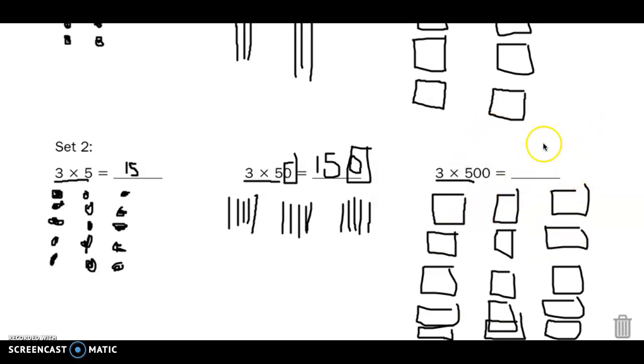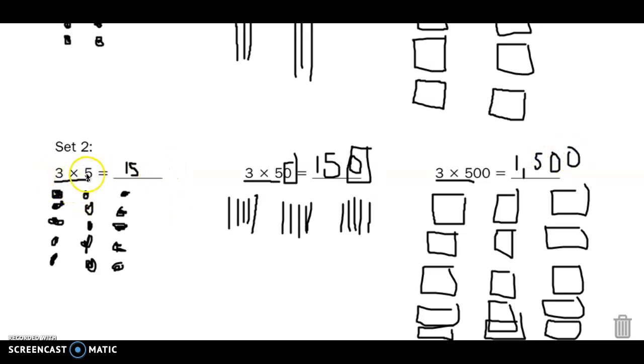Ooh, do you think we can count by 500 together? Let's try. Well, 500 plus 500 is 1,000, and 1,000 plus another 500 is 1,500. Does that follow our same rule we were doing before?